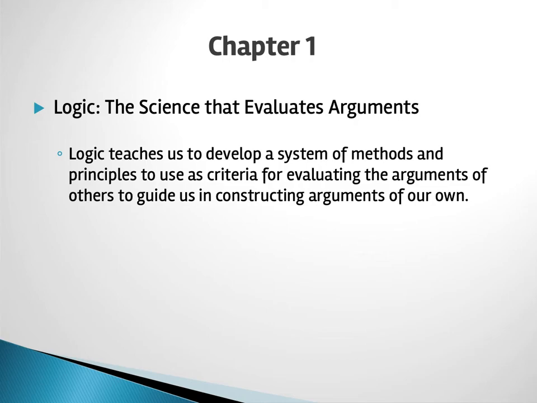In this section 1.5, we're going to be focusing on deductive arguments. Now, we also know that deductive arguments are either valid or invalid, and we're going to be trying to develop a method to distinguish invalid arguments from valid arguments.